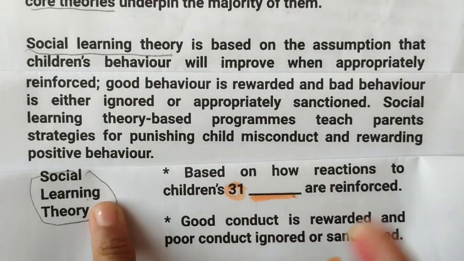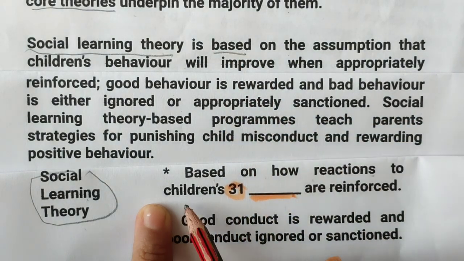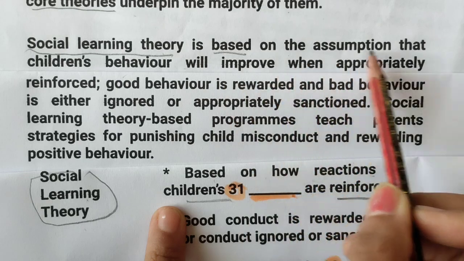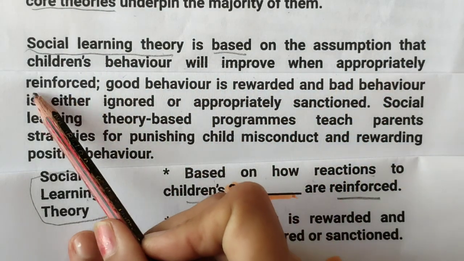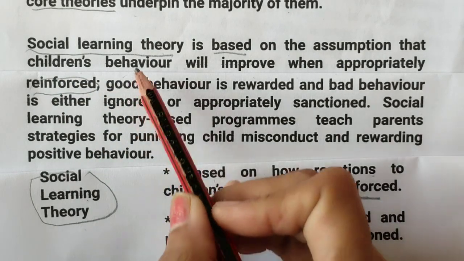Social learning theory is based on how reactions to children's behavior are reinforced. Children's assumption that children's behavior will improve when appropriately reinforced. The word is also there.